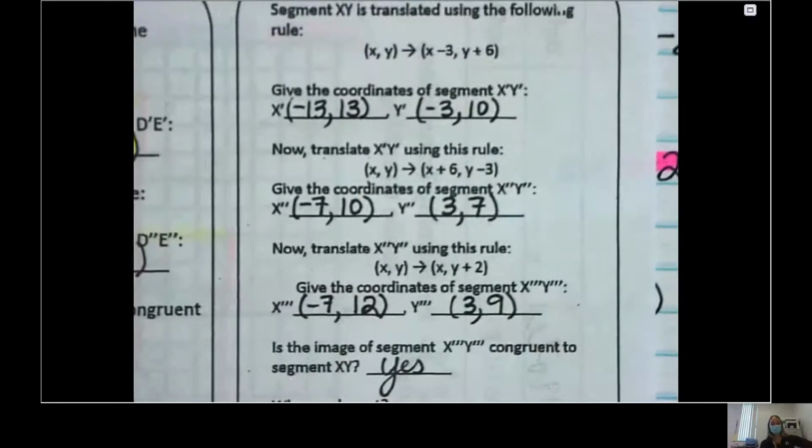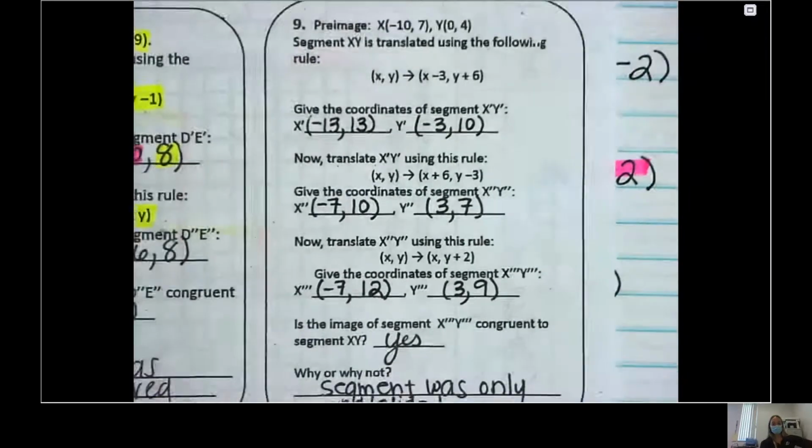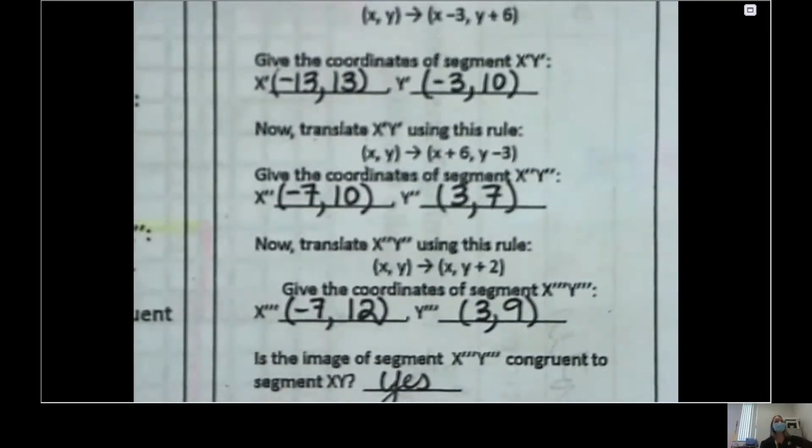Zoom all the way in. I'm zooming all the way in. Oh my. It's a little blurry, but you can kind of see the answers. That's really blurry, sorry.